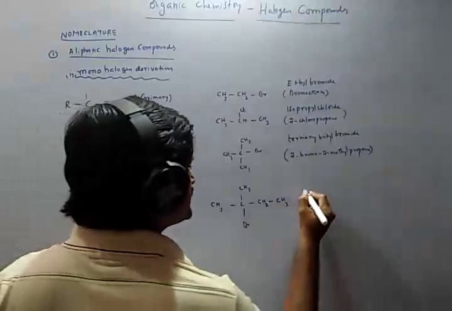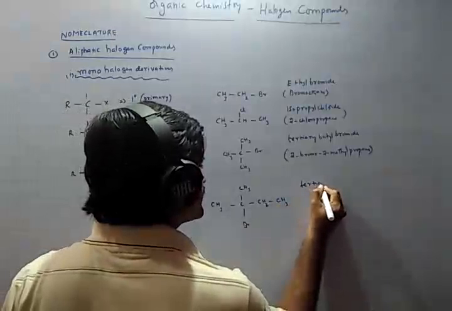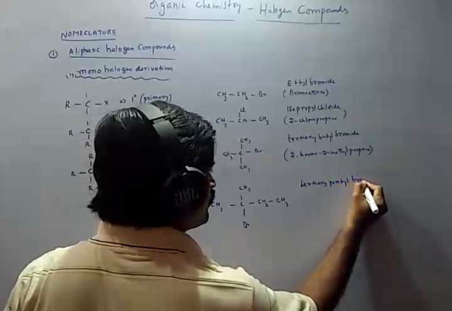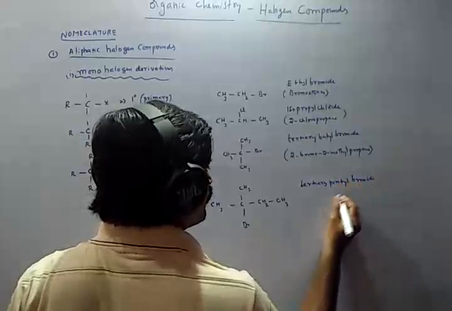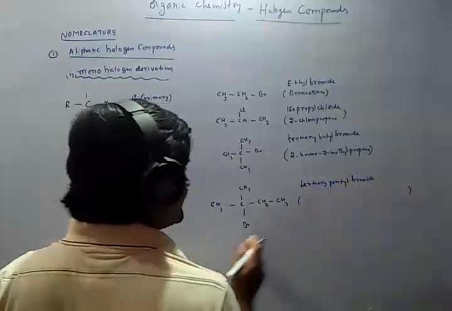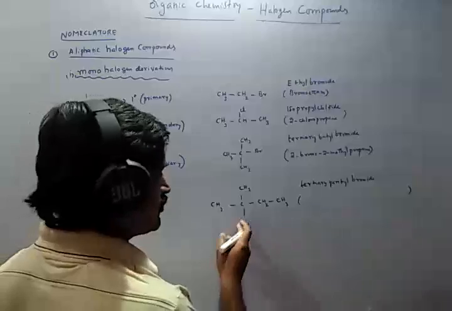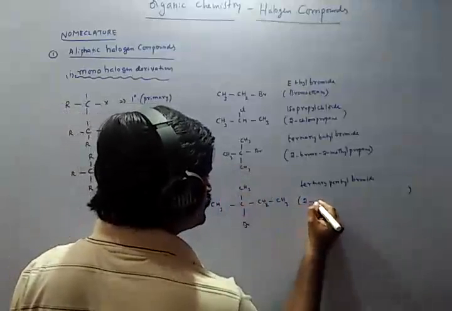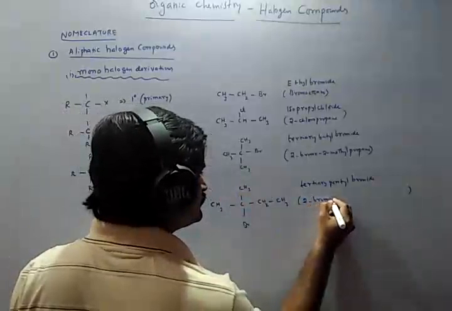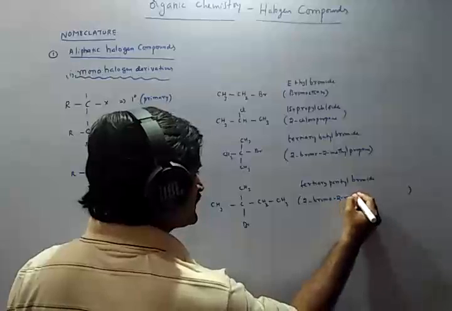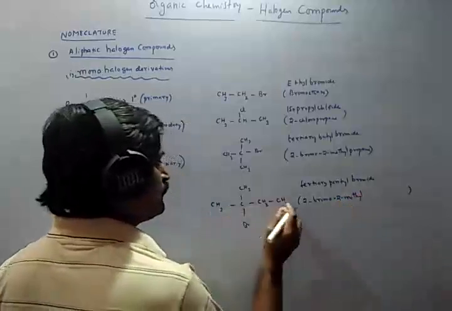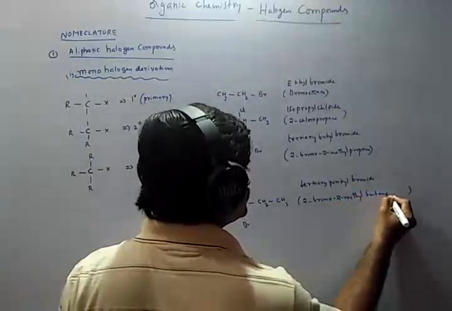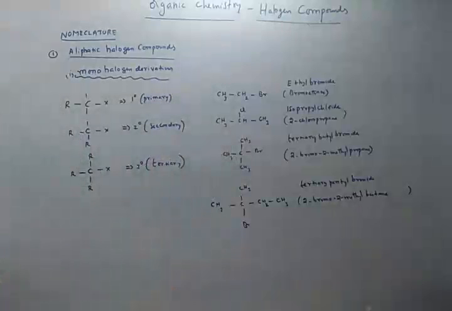This I can call tertiary pentyl bromide. As per the IUPAC nomenclature, the bromine is present on the second carbon and the methyl also is present on the second carbon. So you can write this as 2-bromo-2-methyl. 4 carbons are in the main chain, so it is butane.